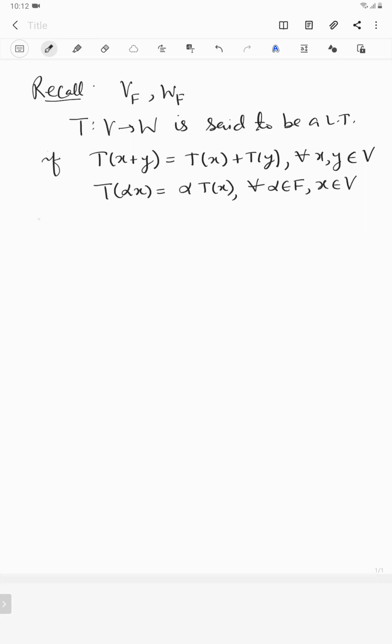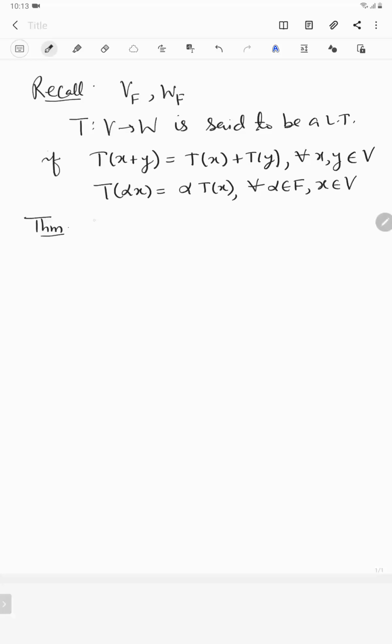The next theorem gives us an alternative definition, where instead of two conditions, we have just one condition required for a function between two vector spaces over the same field to be a linear transformation.